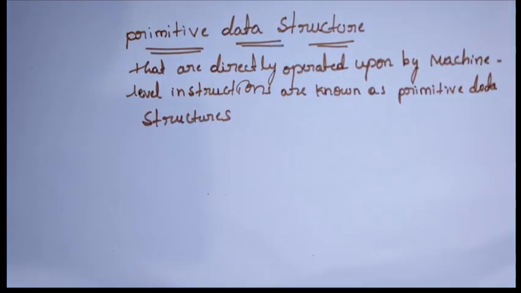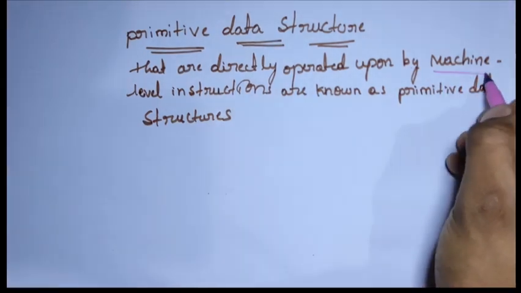Okay, definition for this here. So the primitive data structure is one that is directly operated upon by machine level instructions. So what do you mean by machine level instruction?